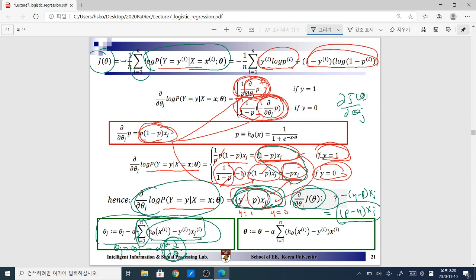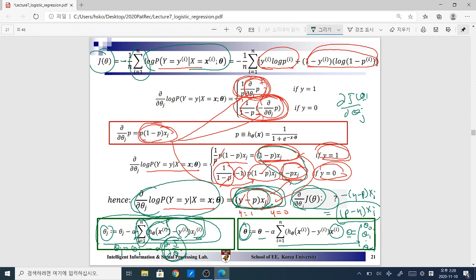So this part is going to be p minus y, times x of j. And for the case of theta having, once again, theta 0, theta 1, and theta m, the whole thing is going to be a vector notation. So we then have this vector notation for the feature as well as vector notation for the parameter.